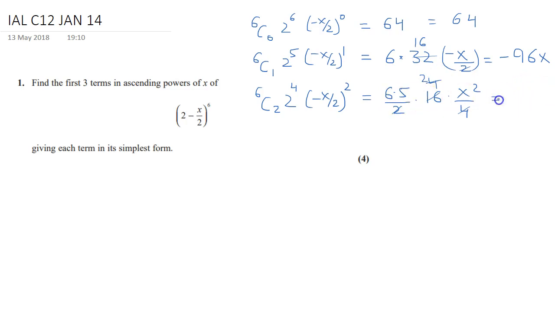So this is positive 60 x square. So the terms are 64 minus 96x plus 60x square. Quite easy.